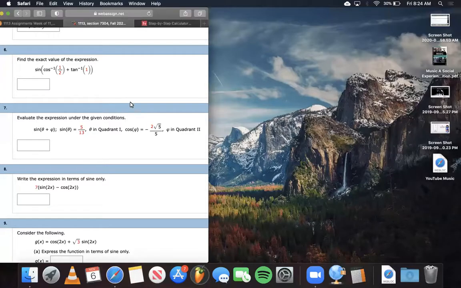Oops, you lost it. Right. Lost it right there. No problem. I think I can get it from here if you want to read it. Well, no, I'm back. Okay. Theta quadrant 1. There's a lot to read there. Yeah, it's a lot of info. And then cosine of phi is negative 2 root 5 over 5, and you're in quadrant 2. Yeah. Okay. Let's see if I can get back to my camera.